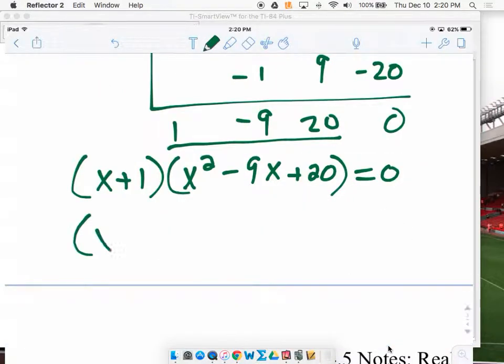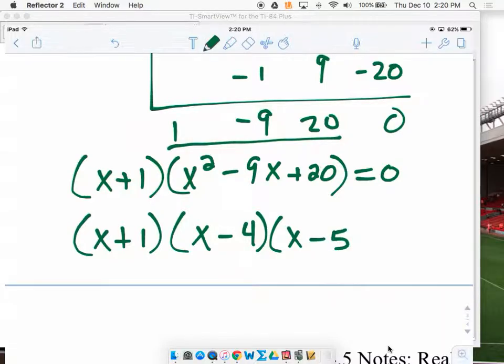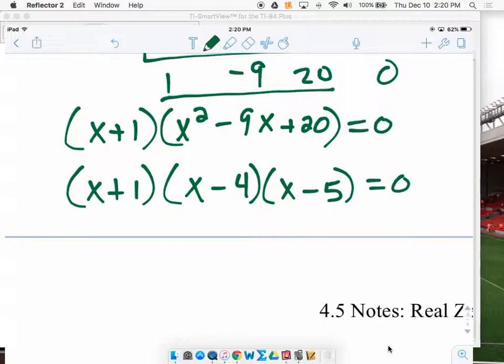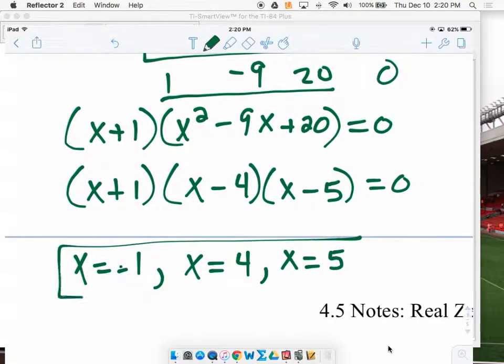Now, if I factor what I have left, right, I have x minus 4, x minus 5. So my 3 roots are negative 1, positive 4, and positive 5.